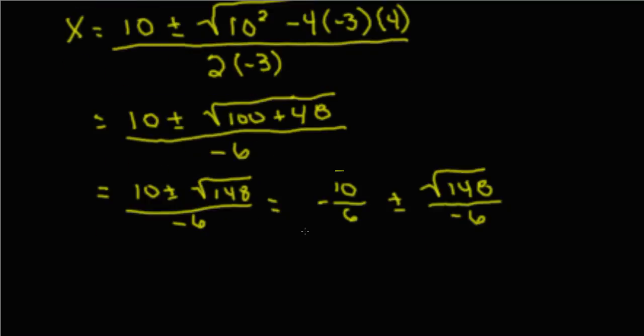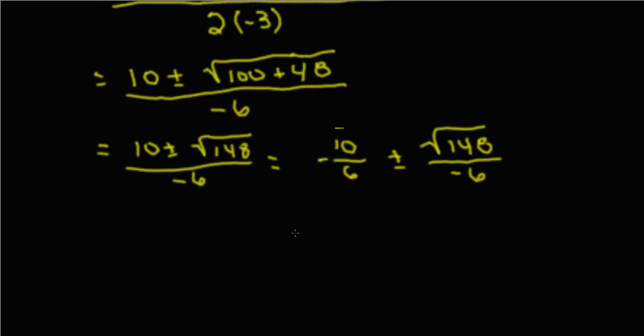So the square root of 148, we can hopefully break that down. We can reduce 10 over 6, since they're both divisible by 2, so we can say a negative 5/3 plus or minus.